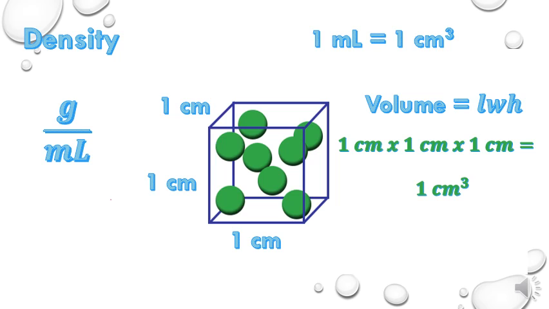So if I have 1 milliliter, I can easily convert that to 1 centimeter cubed. If I had 42 milliliters, I can easily convert that to 42 centimeters cubed. So 1 centimeter cubed is the same thing as 1 milliliter.